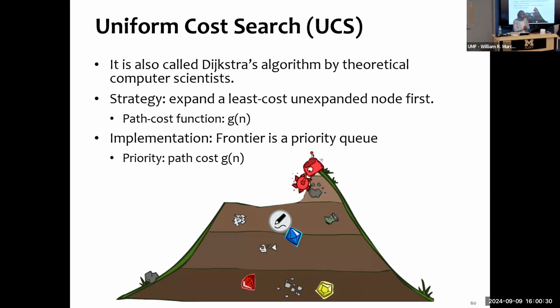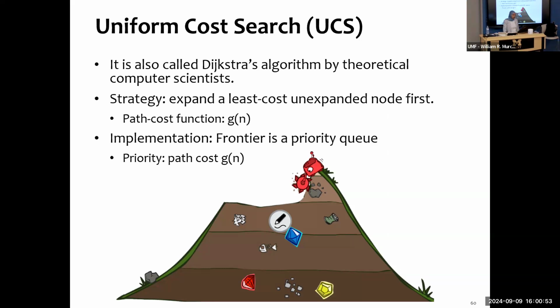Here, we will have a specific strategy. I tried to summarize in this course the strategies that I see as useful, but there are other different strategies. The strategy here is to expand the least-cost unexpanded node first.